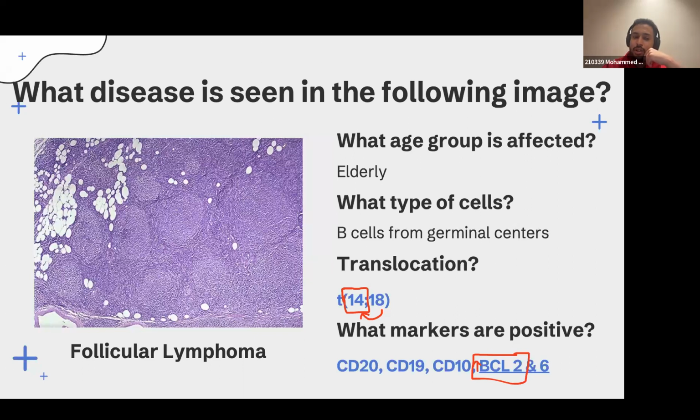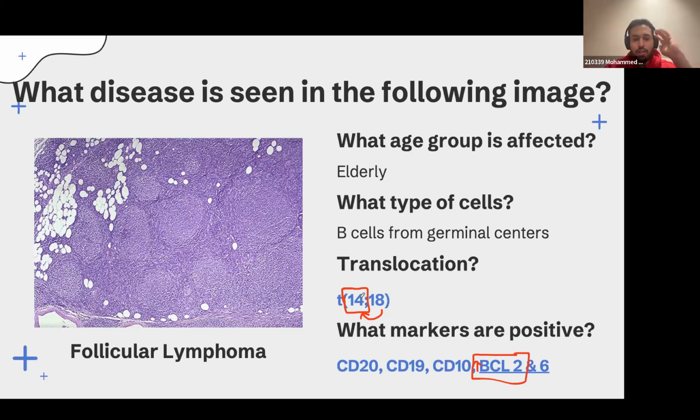Okay, perfect. Now I need you to remember number 14, because most of the next lymphomas will have number 14 in them. It's just something on another chromosome that goes to 14 and causes a bunch of stuff.